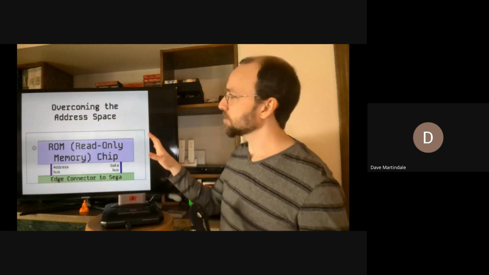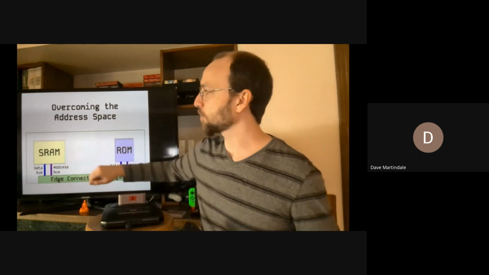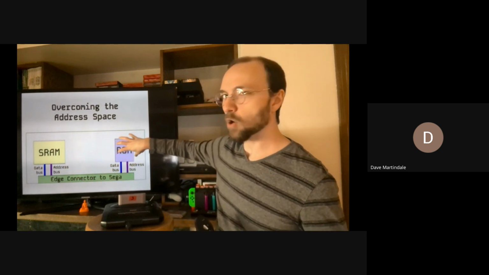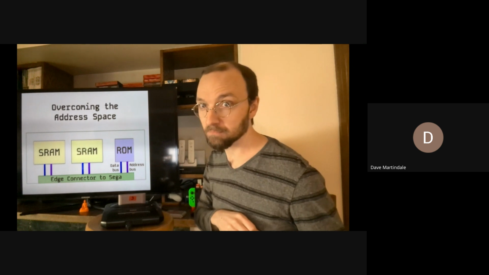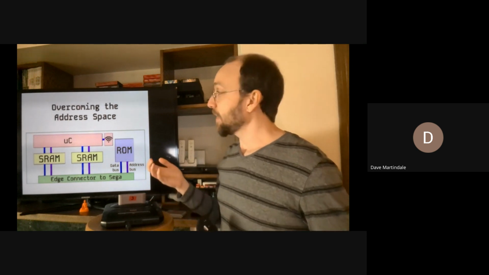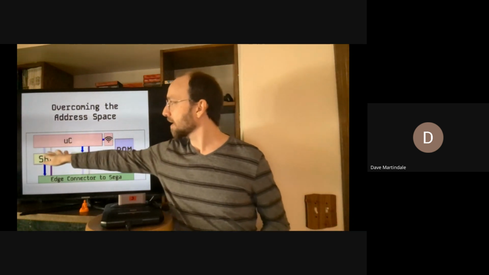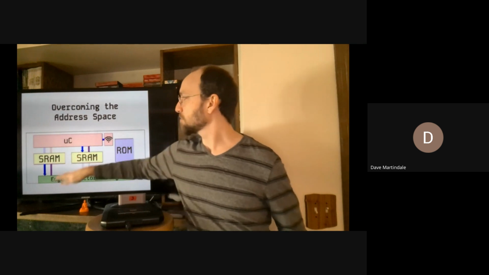What if we were to give part of the address space to static RAM and only give a small subset to the ROM? What if we add a second bank of RAM? Maybe a microcontroller with Wi-Fi. And then the microcontroller has its own back interface to the static RAM separate from the buses that connect to the Sega.